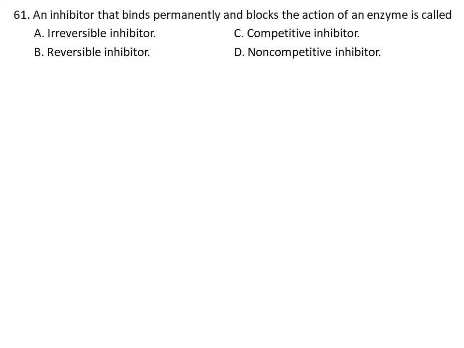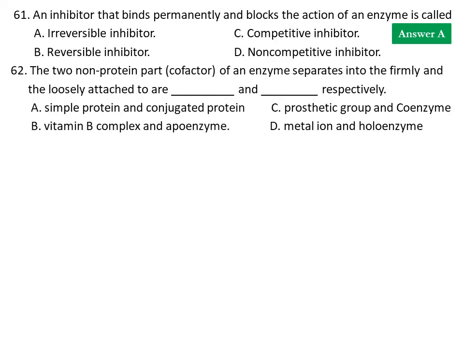An inhibitor that binds permanently and blocks the action of an enzyme is called A. Irreversible inhibitor, B. Reversible inhibitor, C. Competitive inhibitor, D. Non-competitive inhibitor. So the answer should be A. An irreversible inhibitor binds permanently to the active site of the enzyme and blocks the action of the enzyme.